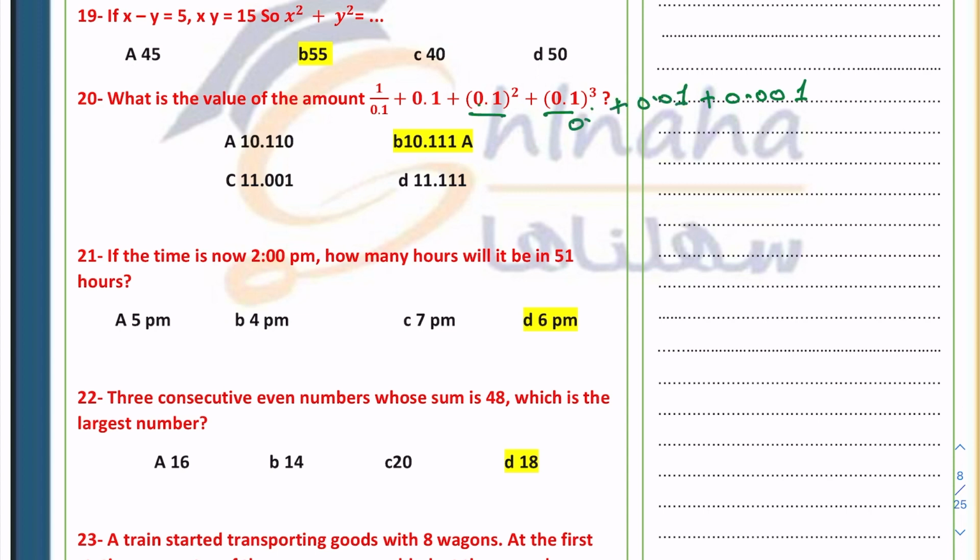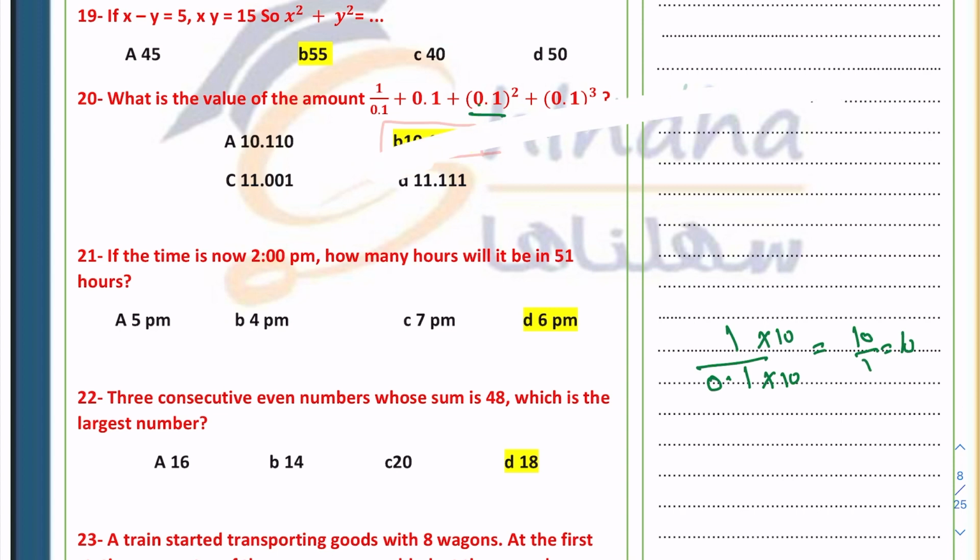The problem is, how can I simplify 1 over 0.1? I have to multiply here by 10 and multiply here by 10. It will be 10 over 1, which is 10. So I will add 10 here. So the answer will be 10 and 1, 1, 1, because I have 1/10, 100th, 1,000.